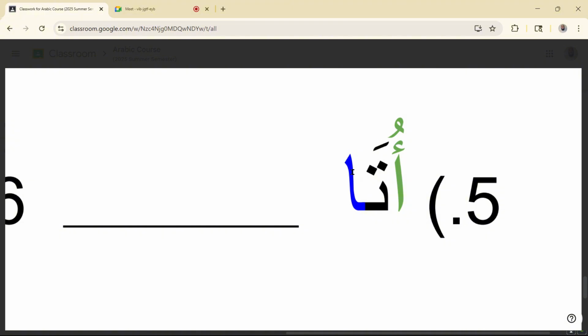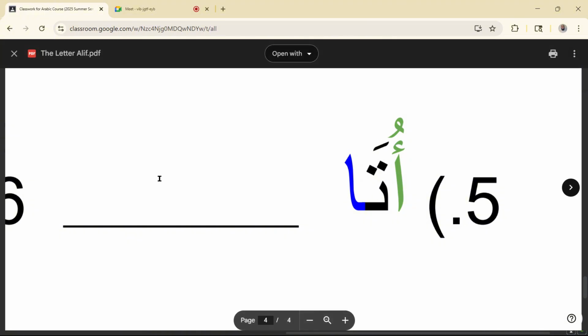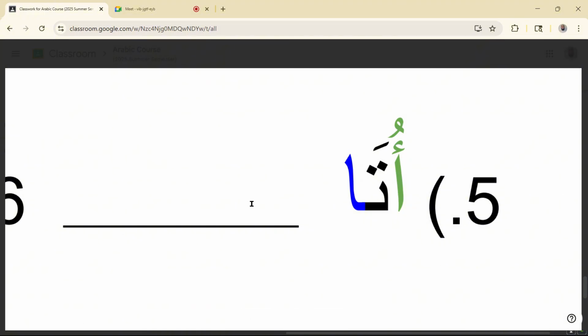Well, not at the end, but after a fatha, it extends. So we see nothing on top or bottom of the alif. So now we have Uta, and you extend it. Uta. Good. Alif, dhamma, U, ta, fatha, ta, alif extension. Uta. U, T, A. That's how you would write it.